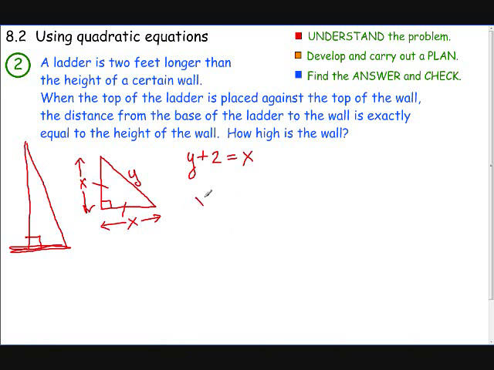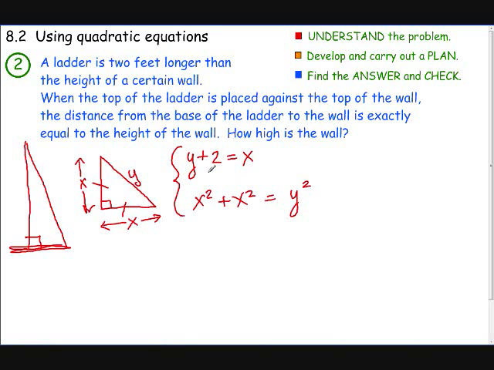So I can say x squared plus x squared equals y squared. So I've got two equations, and I've got two variables.